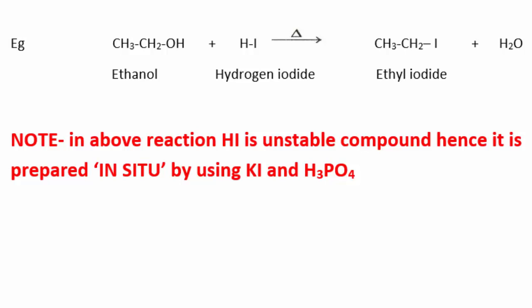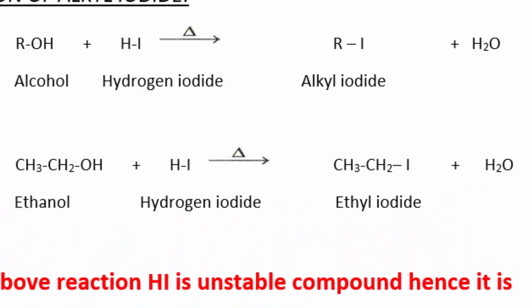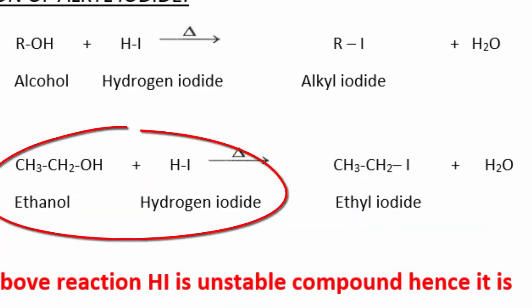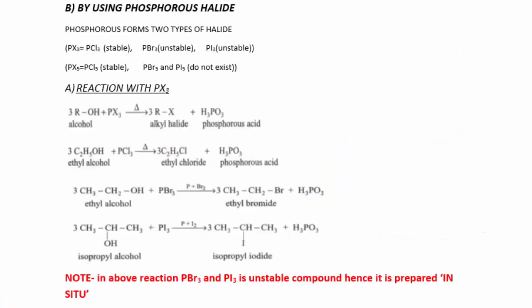For the preparation of hydrogen iodide, we require potassium iodide, that is KI, and phosphoric acid, that is H3PO4. Let us take the example of ethanol. When ethanol reacts with hydrogen iodide, it gives the product ethyl iodide with the elimination of water molecule.